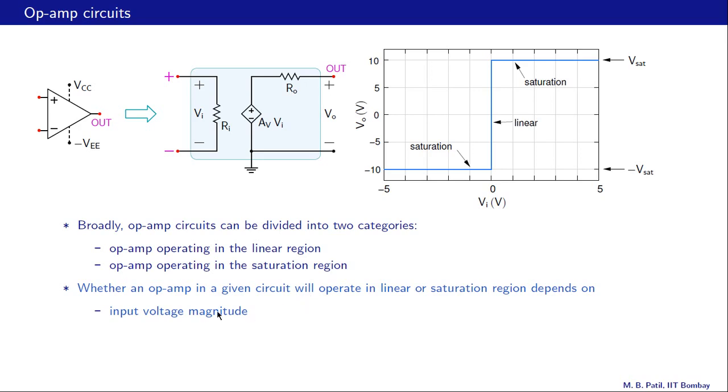One, the input voltage magnitude, and second, the type of feedback. At this stage we don't know what this means exactly, but there are two types of feedback, negative and positive, and we will take a qualitative look at feedback later.